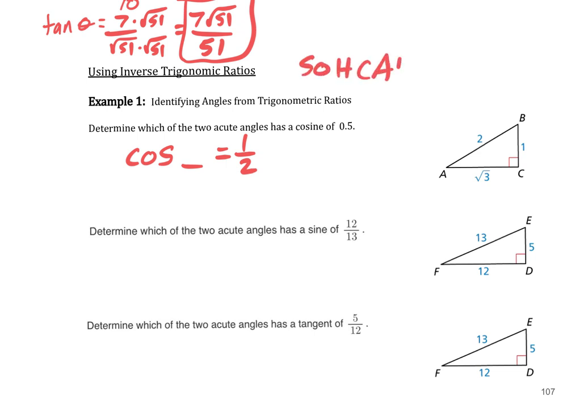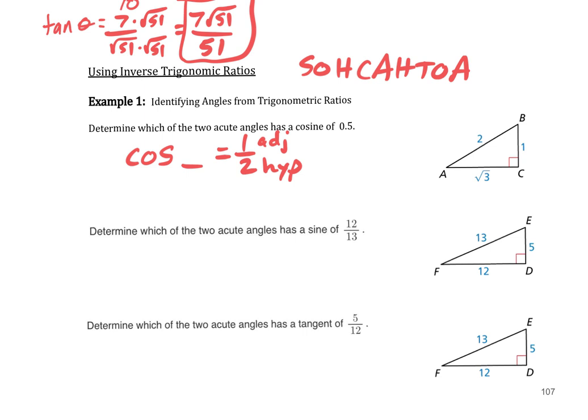I know I have it at the top, so if you already have it on your paper, you probably don't need to write it again. Cosine is adjacent over hypotenuse. We already have the ratio, but that's why we want to write it as a fraction and not a decimal. They wrote it as 0.5. 0.5 and 1/2 are the same thing. 1/2 is better to get our ratio. We always want a ratio here.